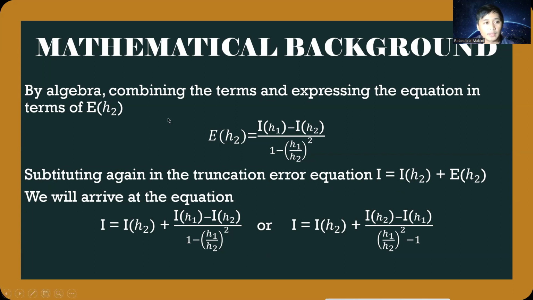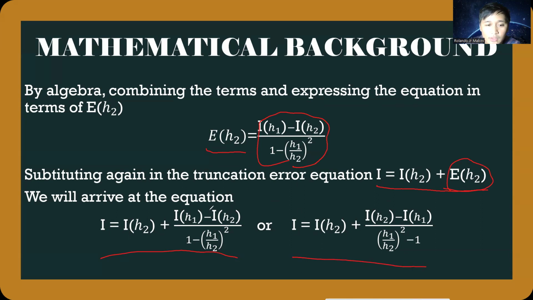Simply substitute again this value of E of h2 into the general equation, the first formula that I presented. Just substitute this whole value here to here. So we can get this equation.